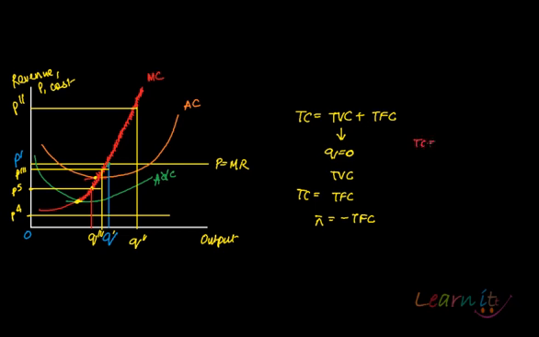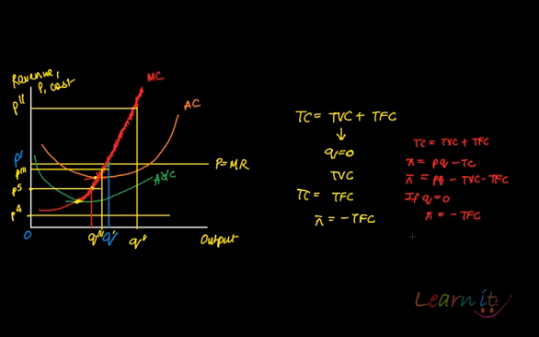Your TC is basically TVC plus TFC. Profits are revenue minus cost. That would mean PQ minus TVC minus TFC. These are your profits. Now, if Q is equal to 0, profit would be equal to minus TFC.